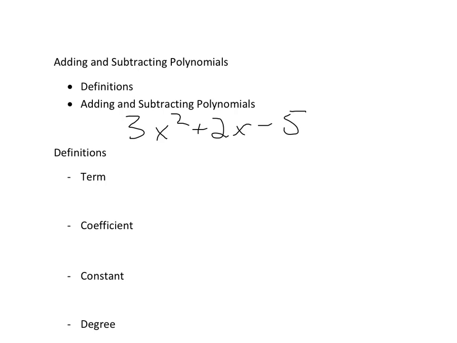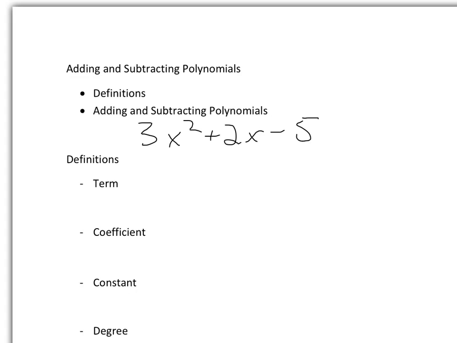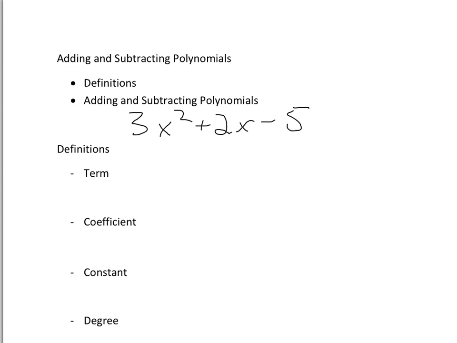You can see this polynomial is made up of different parts. Each one of the different parts that's separated by an addition or subtraction sign is called a term. So in this polynomial, one of the terms is 3x squared, and another term is 2x, and another term is minus 5.